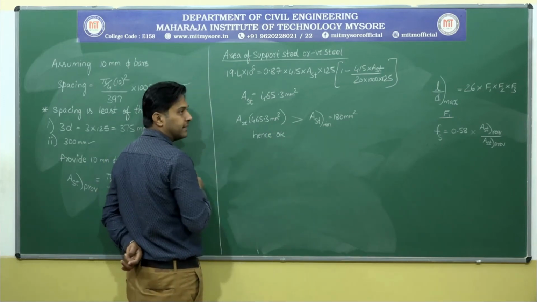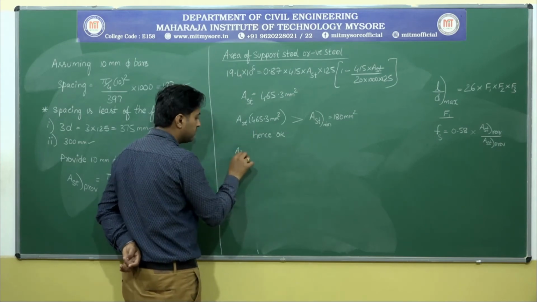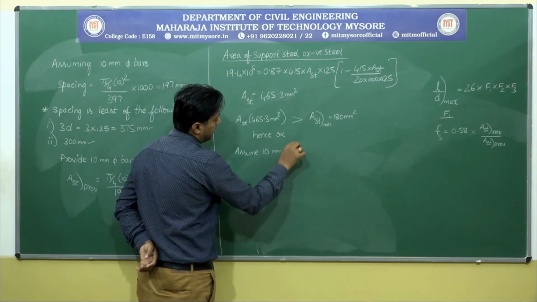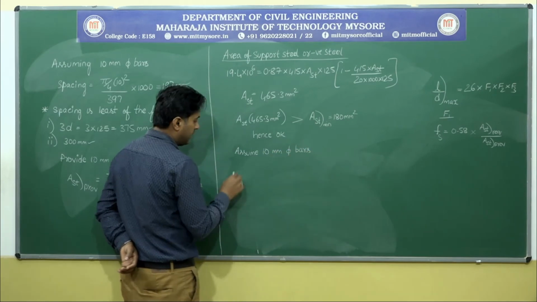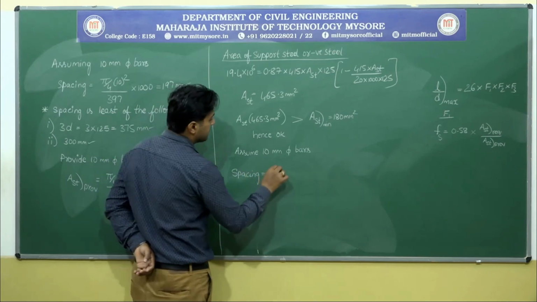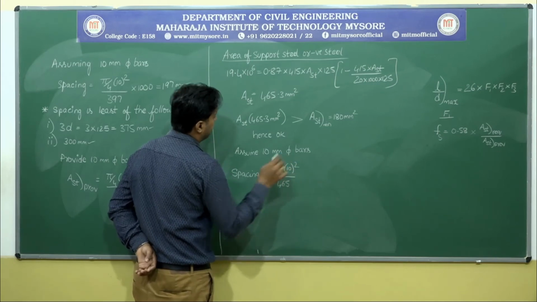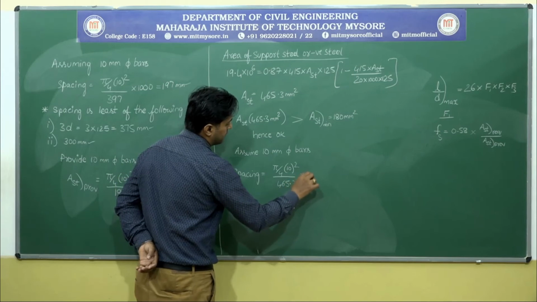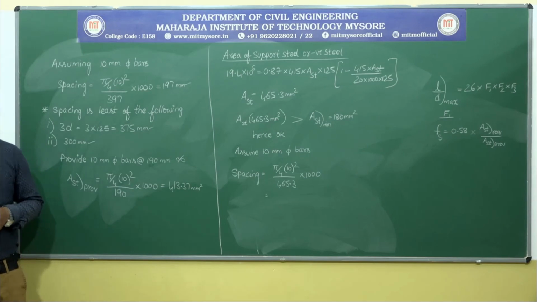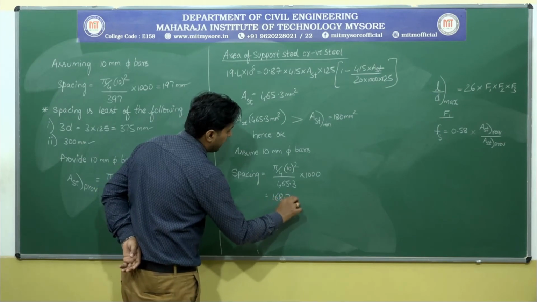As we have calculated the area of steel, next is the spacing. Spacing, if I want to calculate, assume the dia of bars. Assume 10 mm dia bars. So spacing is equal to pi by 4 into 10 square divided by Ast, 465.3, into 1000. The value of spacing that we are getting here is 168.7 mm.